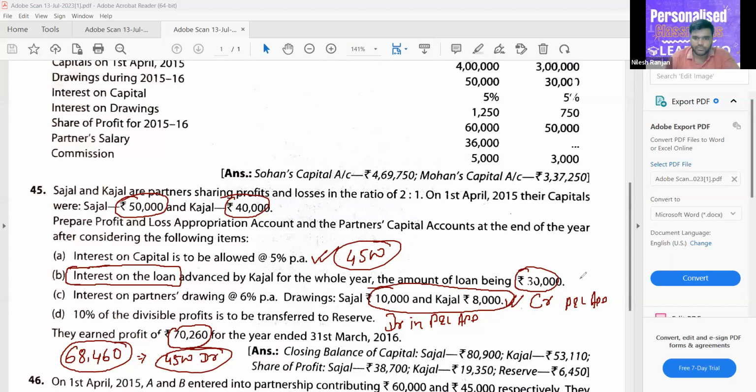Yes, 540. This will be on the credit side. How did we get 540? 10,000 into 6% into 6 by 12, and 8,000 into 6% into 6 by 12.